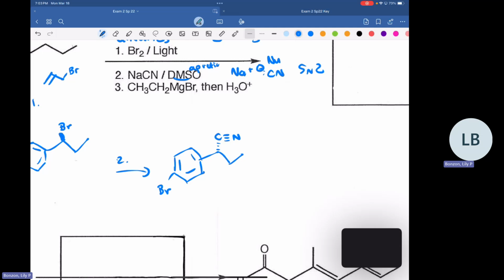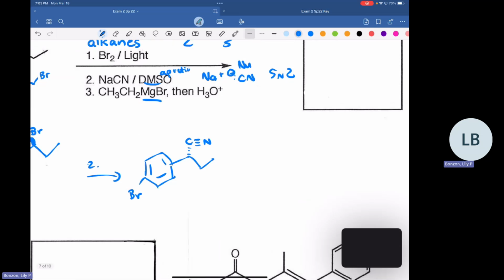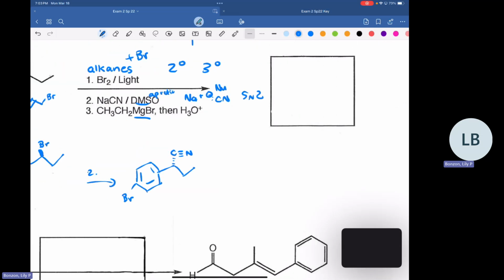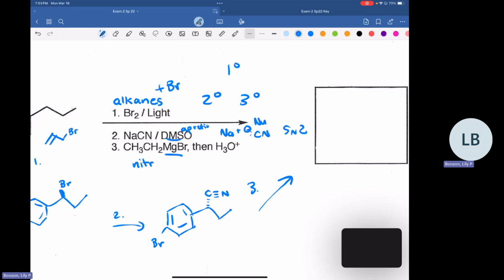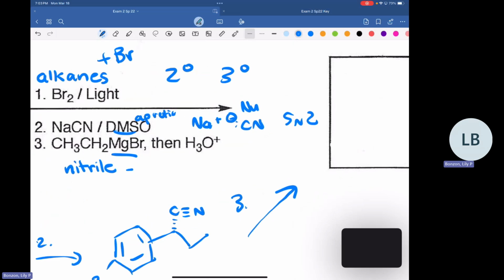All right. Okay, so we've got a Grignard reagent, and we've got a nitrile group. This one is also one of the ones that we learned recently. It's kind of funny, but this is just going to take the nitrile and remove the nitrogen on it, and it's going to turn this one into a ketone.